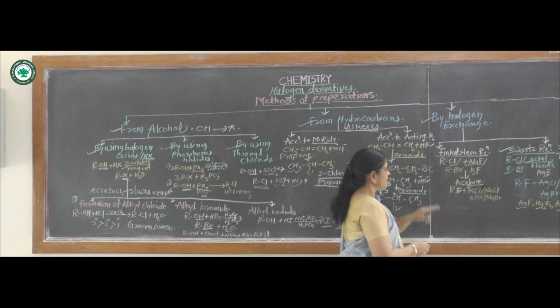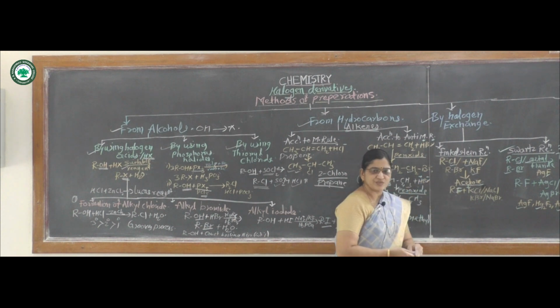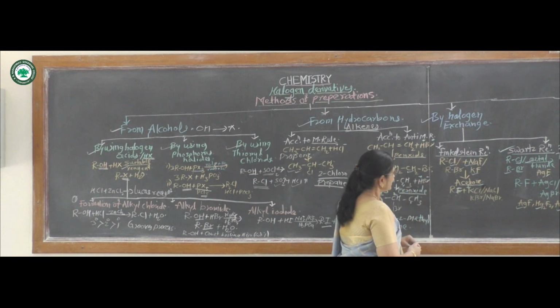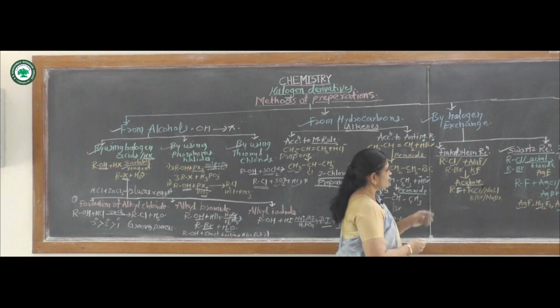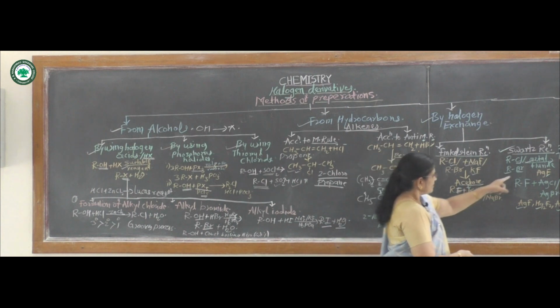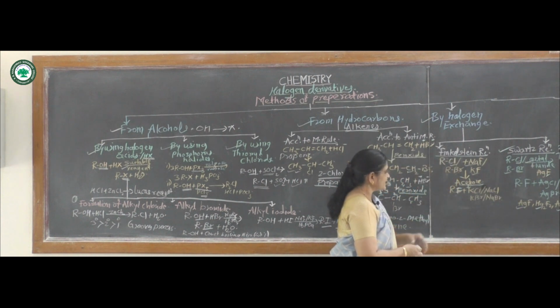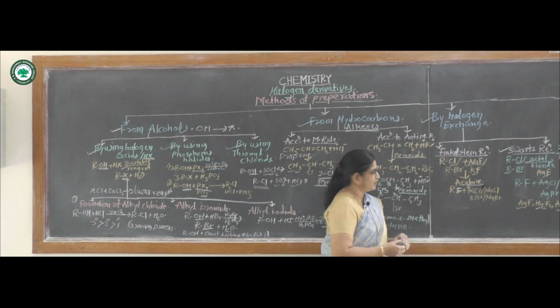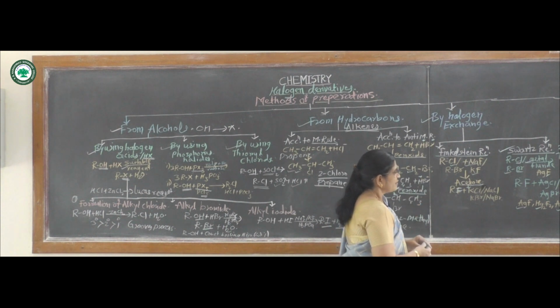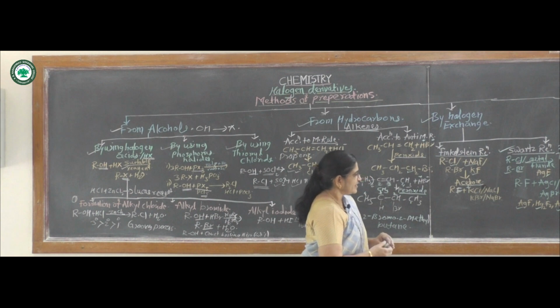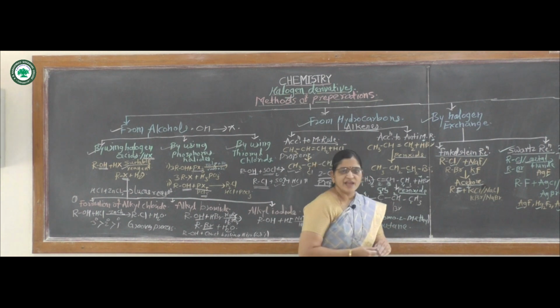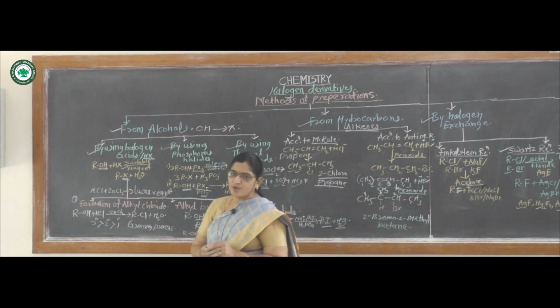In both reactions, one halogen atom is exchanged, with sodium fluoride or potassium fluoride in one, and with metallic fluorides in the other. In both reactions it gives alkyl fluorides. And the last reaction, by electrophilic substitution, that means from toluene it gives ortho-bromotoluene and para-bromotoluene.